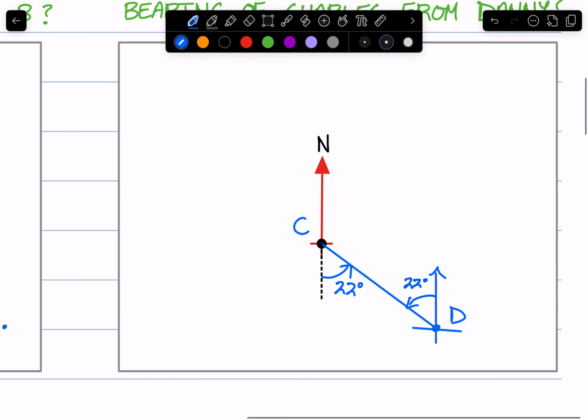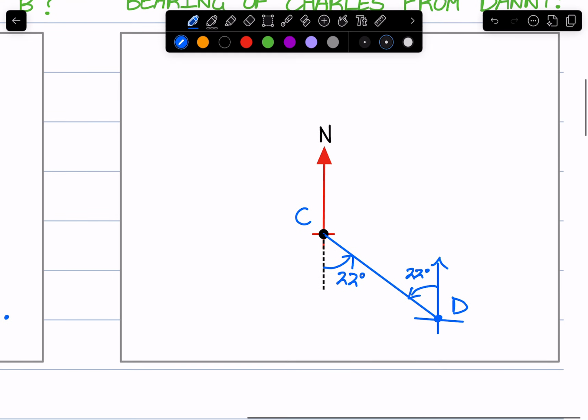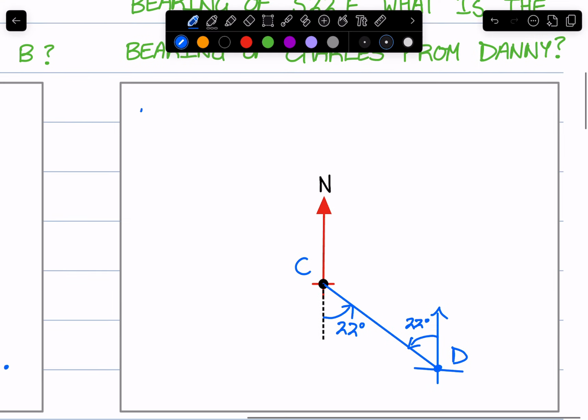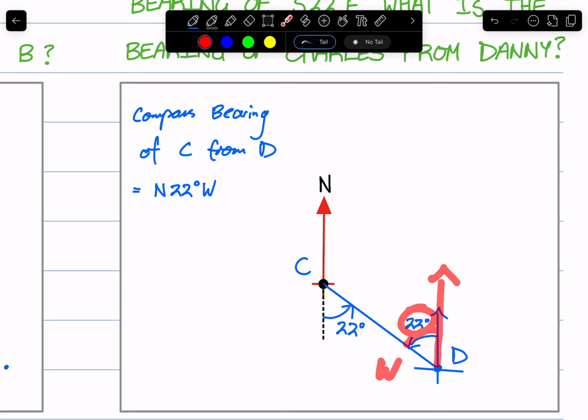And simply knowing that that is 22 degrees, we can write a compass bearing: the compass bearing of C from D is equal to north 22 degrees to the west. So starting from north, turning 22 degrees towards the west. So that's another way in which we can do it.